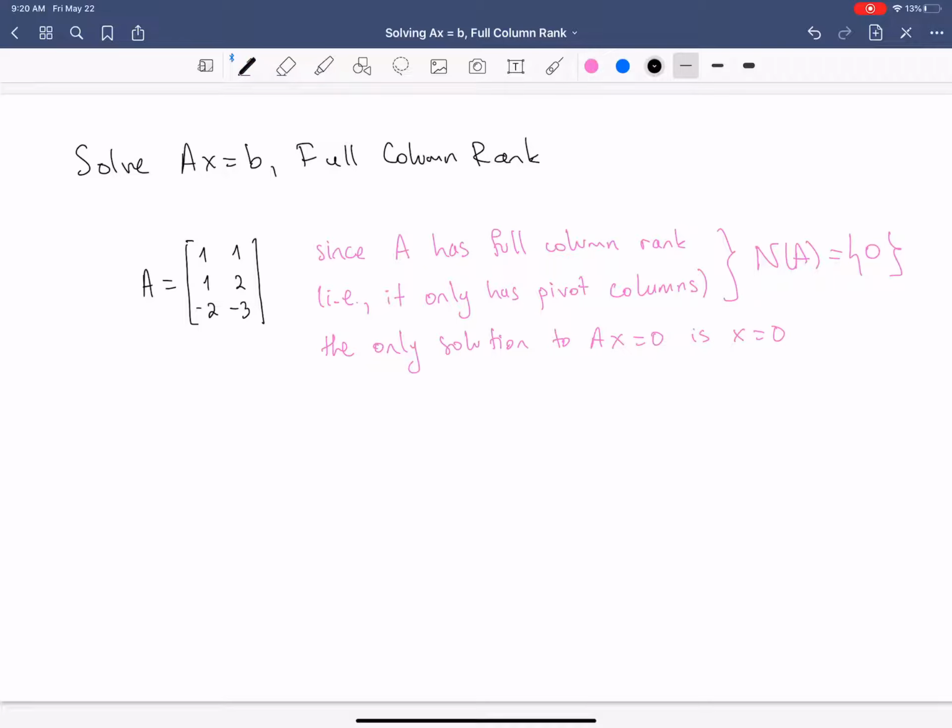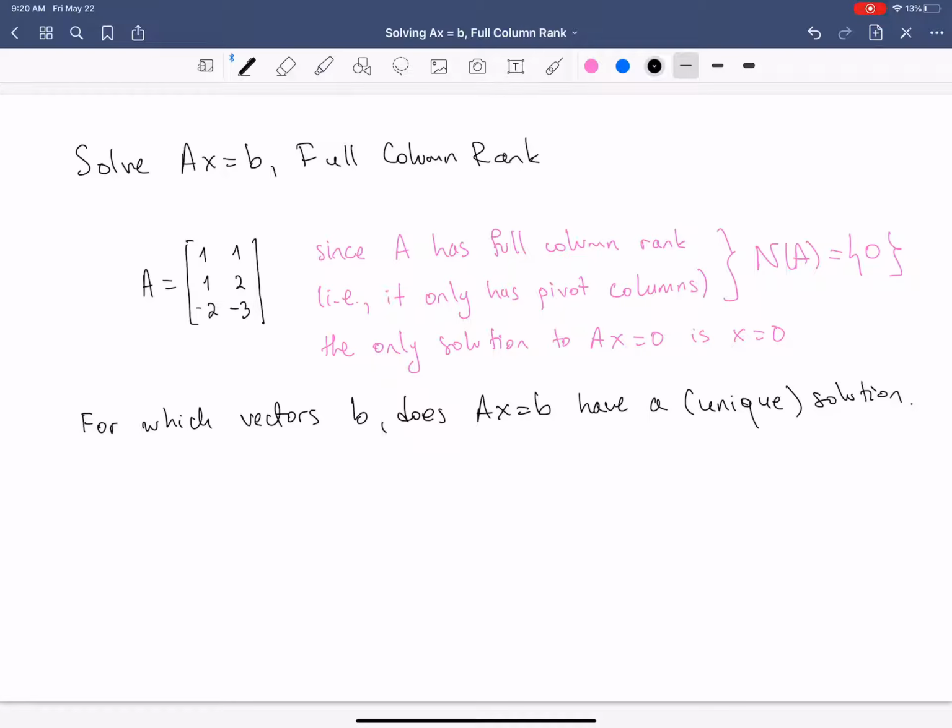So in this particular situation, it makes sense to ask for which B's does AX equal B have a solution, and we know if there is a solution, it will be unique. I don't have to state that the solution will be unique. It's just a reminder. Uniqueness has to do with a 0 null space. If you don't have a 0 null space, then one solution means infinitely many solutions.